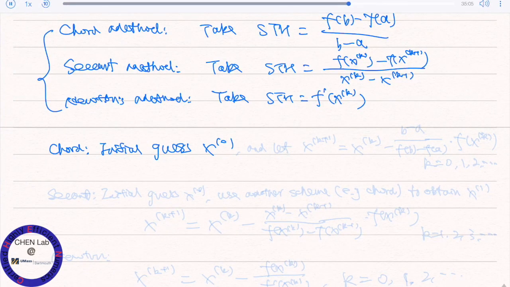It can be anywhere between A and B, and let xk plus 1 be equal to xk minus fxk divided by that something. So I flip the something, and I get b minus a over fb minus fa times fxk.